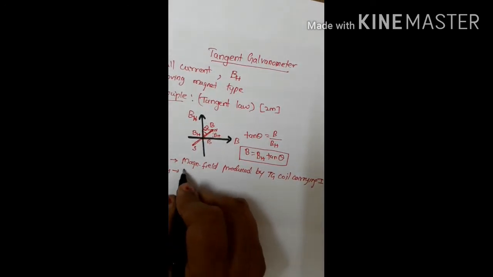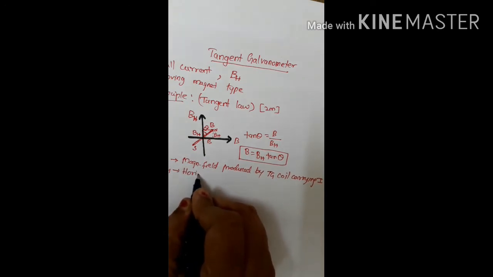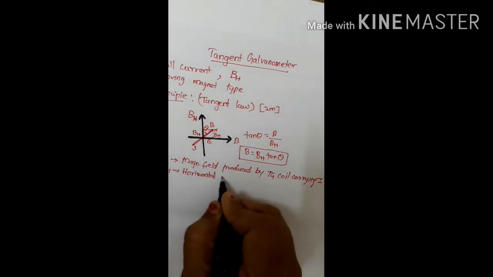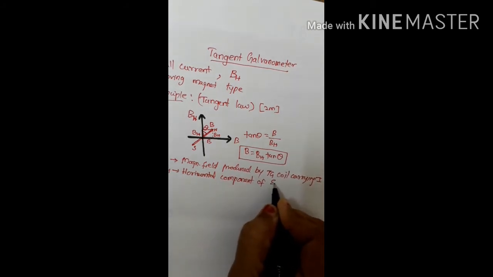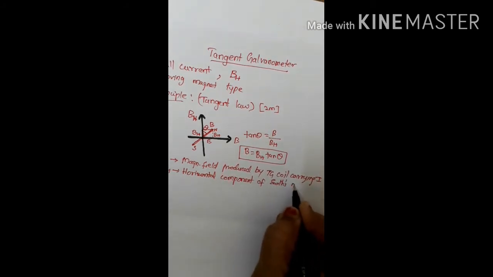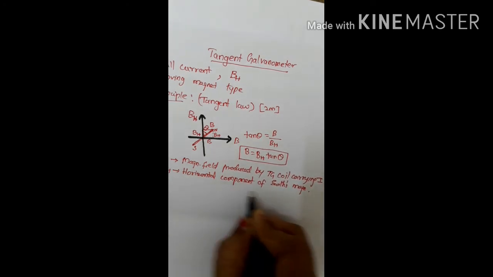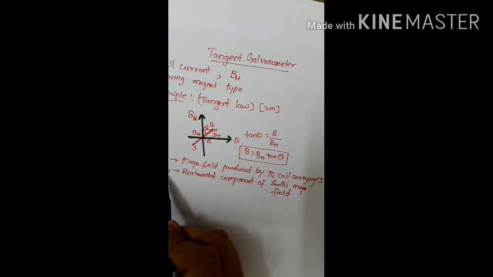So what is BH? It is nothing but the horizontal component of Earth's magnetic field. Usually it will be in the direction of the magnetic meridian. What is the magnetic meridian?